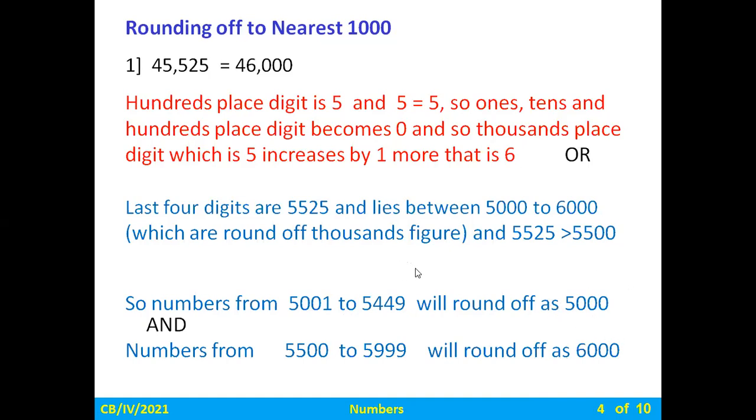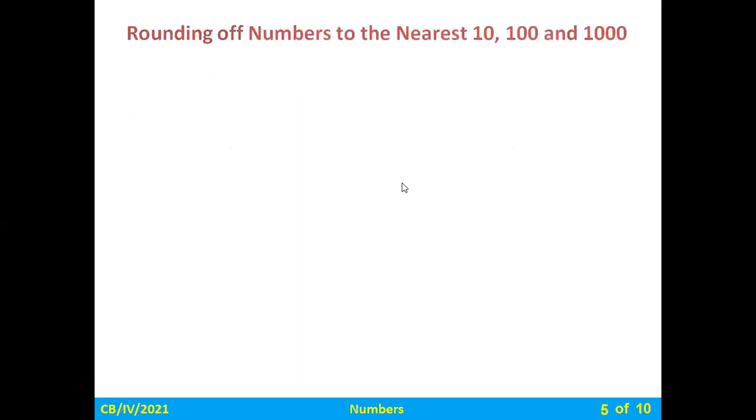The rule applies the same for rounding off to tens, hundreds and thousands. We only have to carefully see up to which nearest tens or hundreds or thousands it is given, and round off accordingly. The higher values remain same.